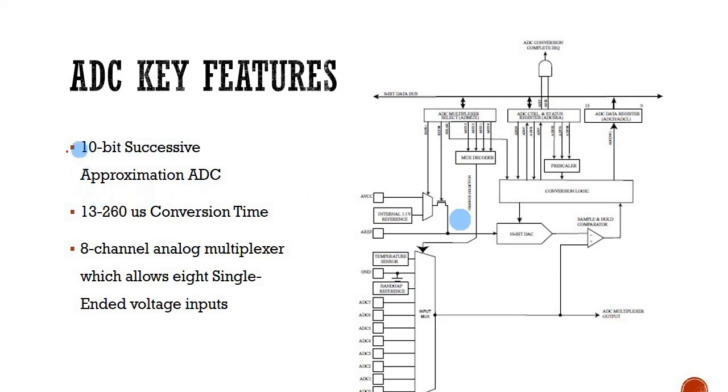Firstly, it's a 10-bit successive approximation ADC. So the result of this ADC is 10-bit. There are a lot of ADCs in the market. If you wish to integrate an ADC module into your project, generally most microcontrollers already have a built-in ADC module, like what we have now for the Arduino.